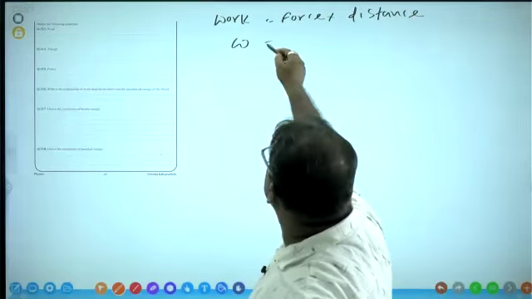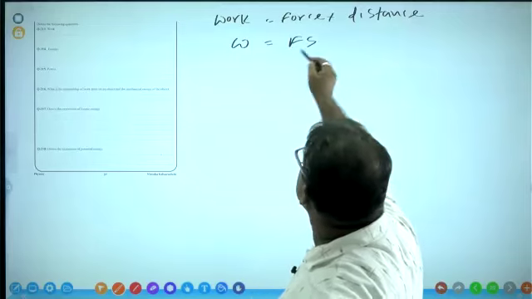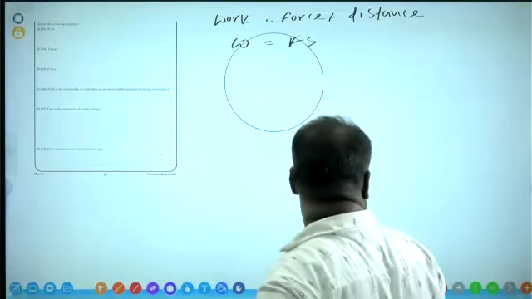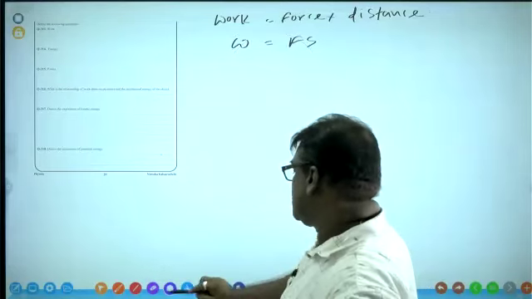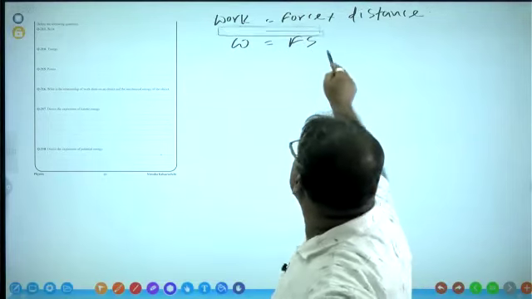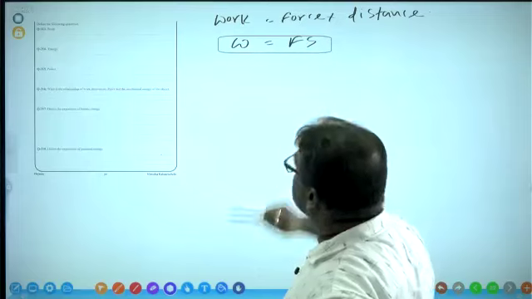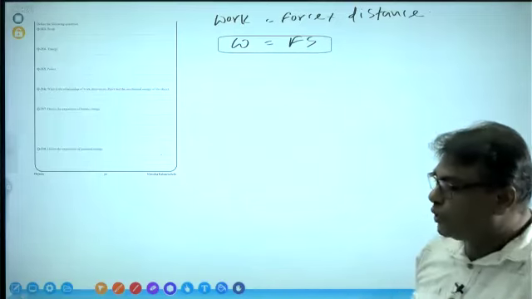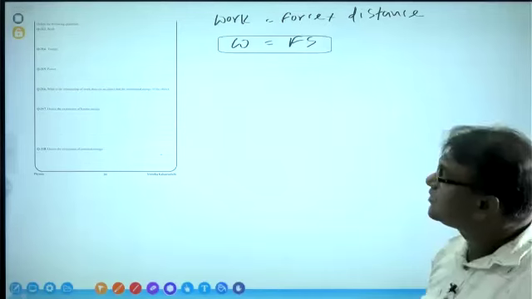Okay, then work is Fs. That will equal Fs, given by joule, no? Yes, work is measured in joule.